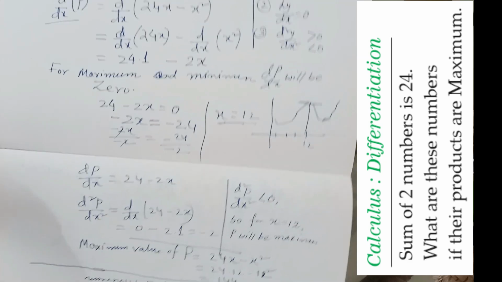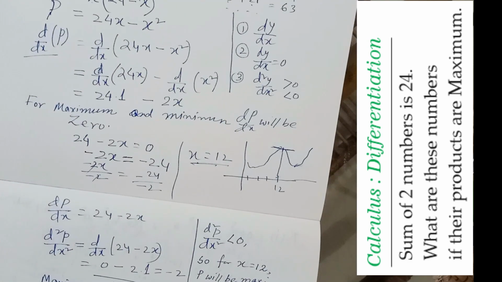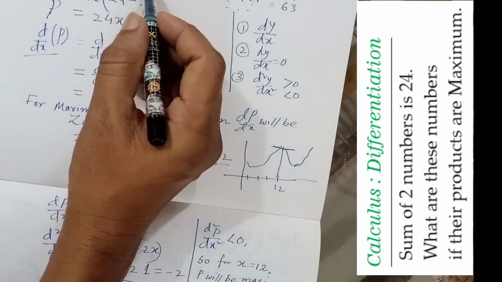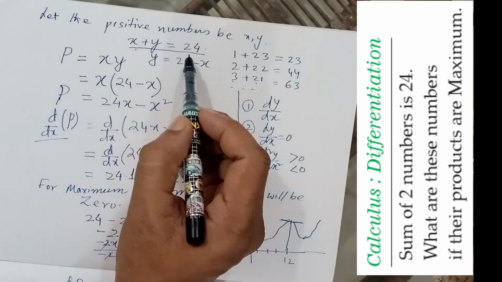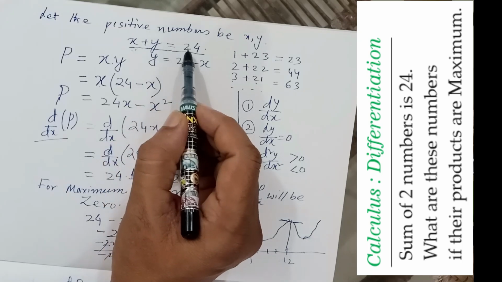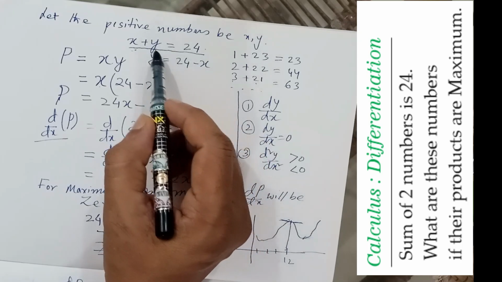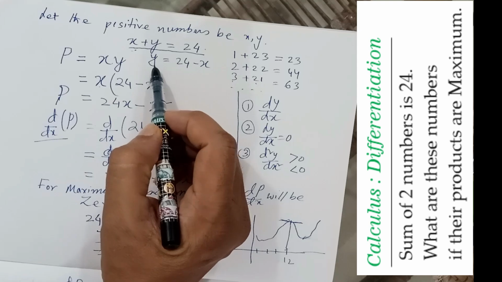So let us summarize, from the beginning. From the constraint equation, x plus y equal to 24 was given. From there you isolate y.